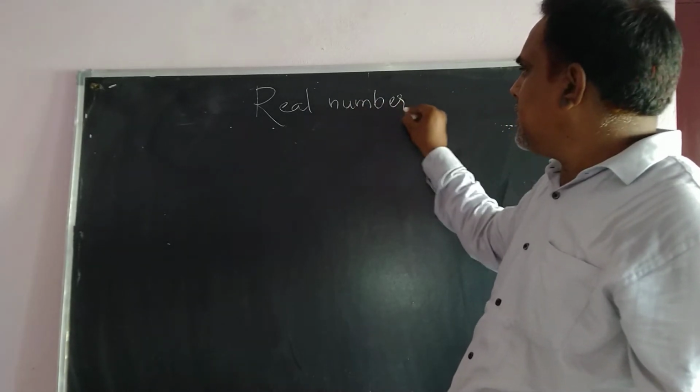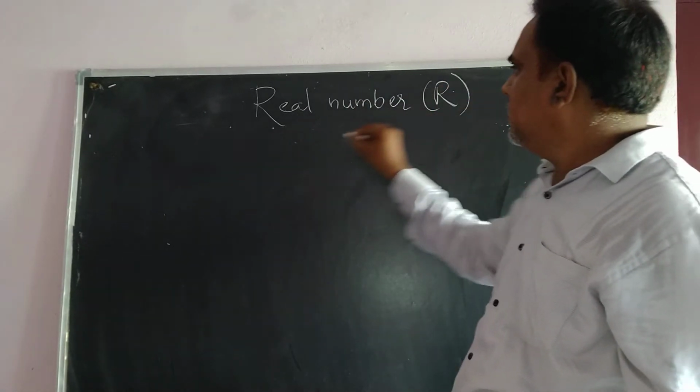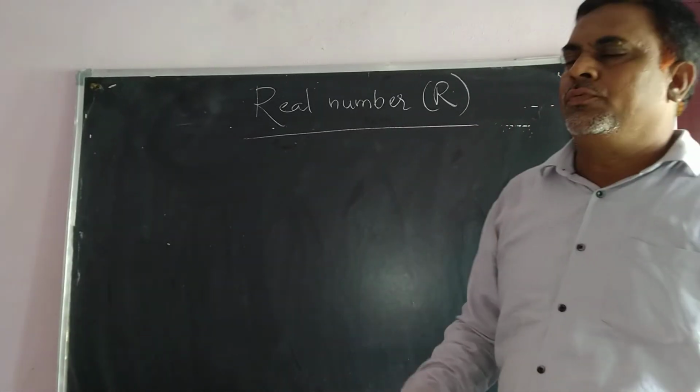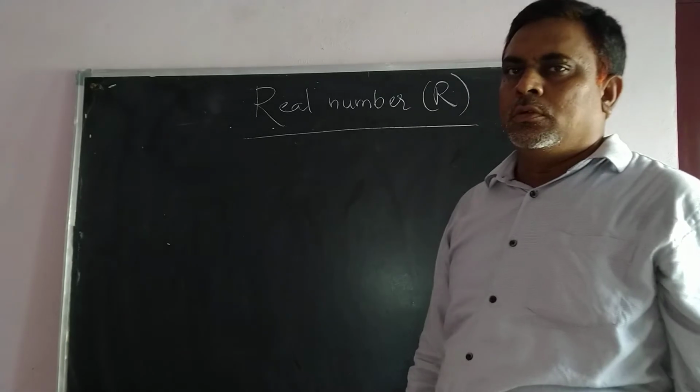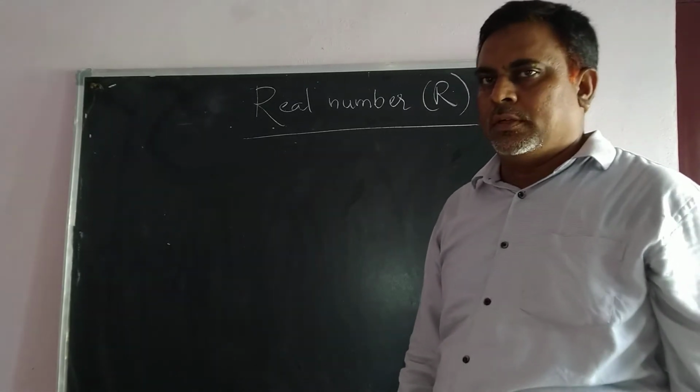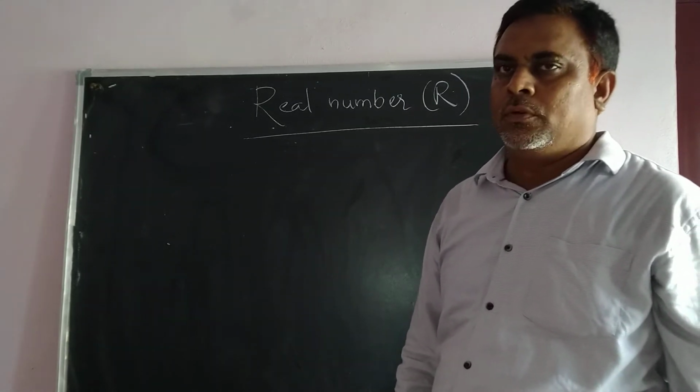Today we are going to learn about the real numbers, that is represented with capital R. Before going to the set of real numbers, we have to know what it comprises of.